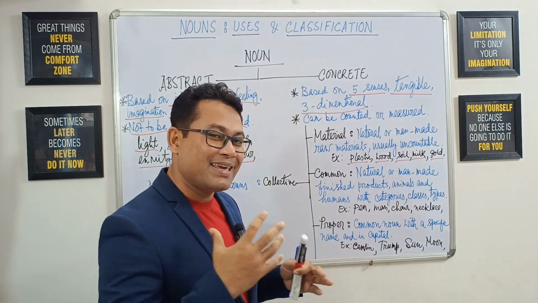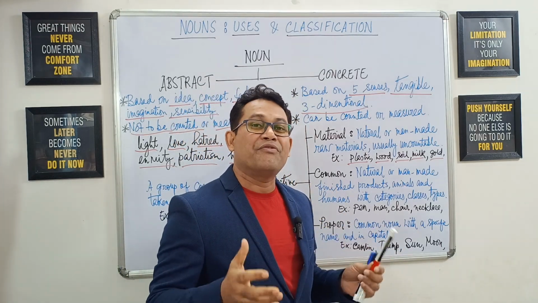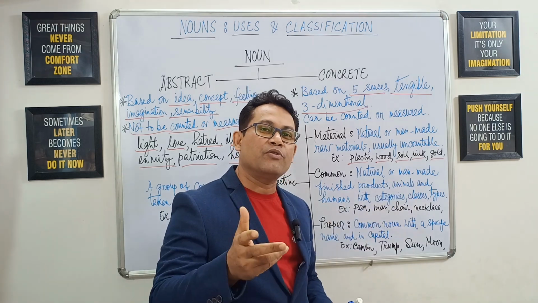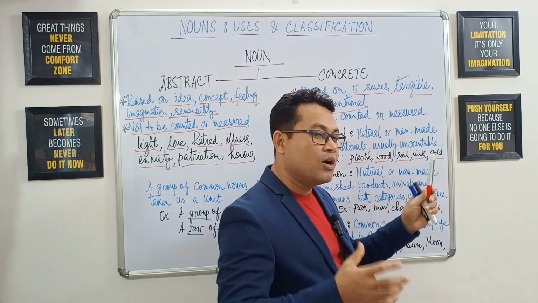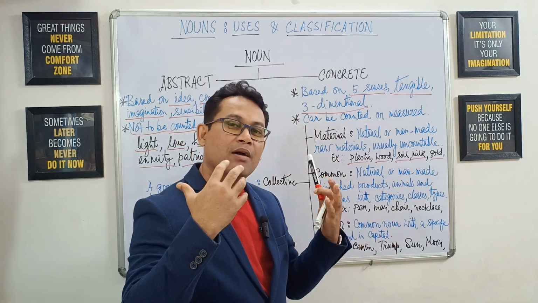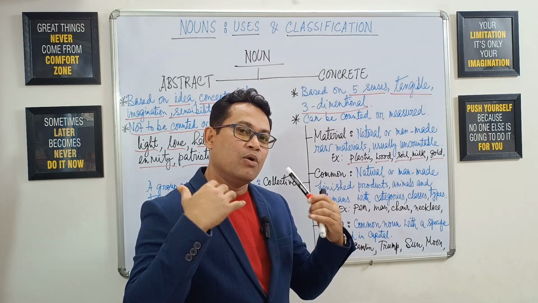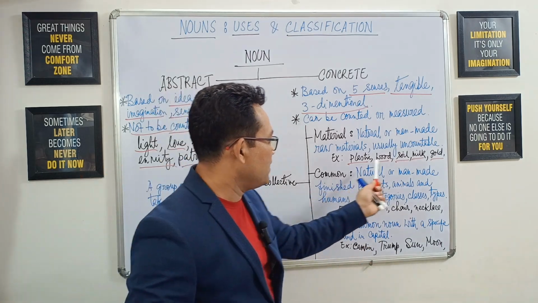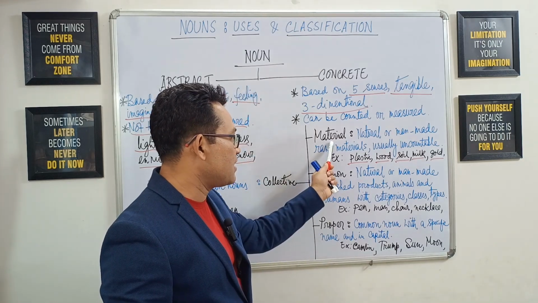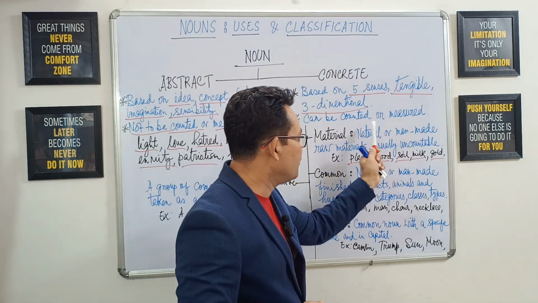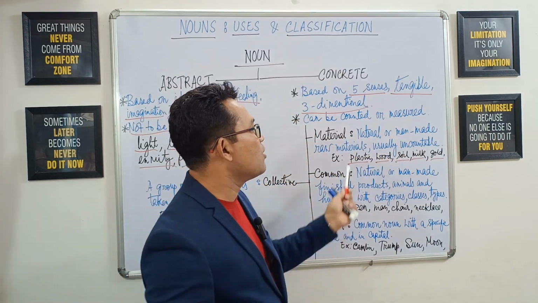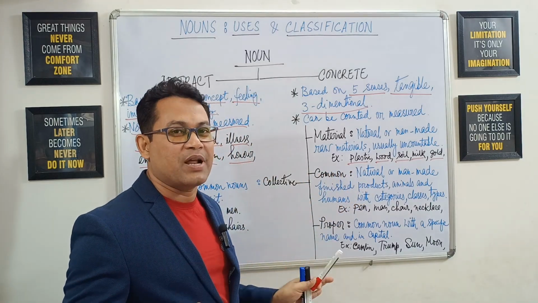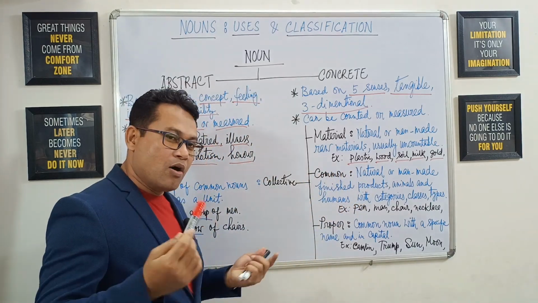Then soil: we get different sorts of figurines out of soil. Milk: out of milk we produce different sweets. And gold is a natural raw material which we use to make ornaments. These are examples of material nouns, because they are natural or man-made raw materials, unfinished products.